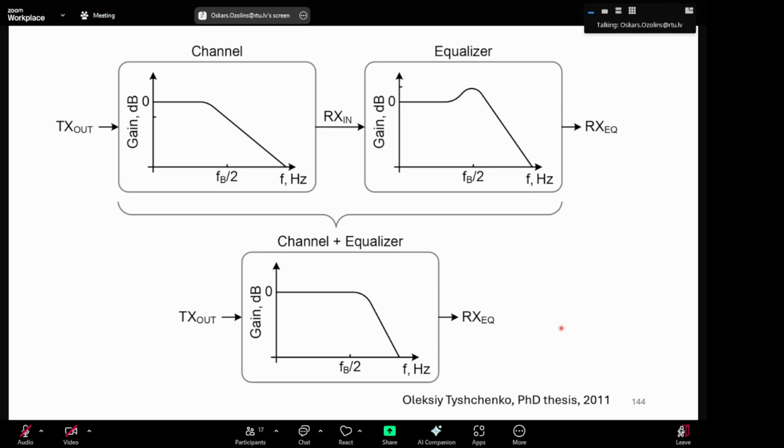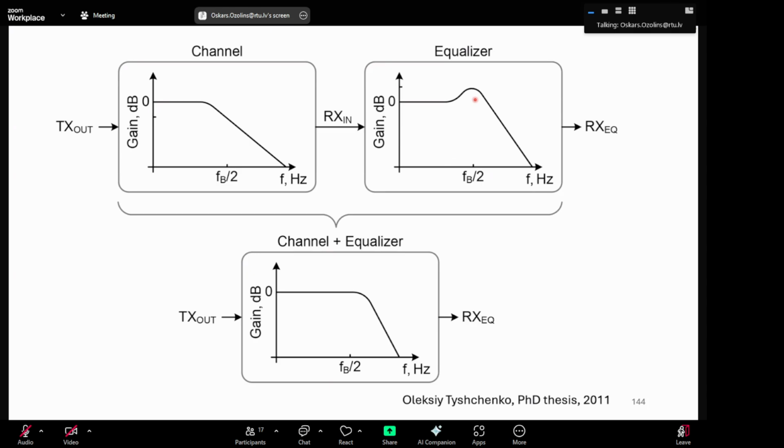Ideally you want to make it completely flat, but it's not possible, because this is just an ideal picture. This equalizer can be applied to the signal either on the transmitter side or on the receiver side. So here we have the definition of pre-equalizer and then post-equalizer.